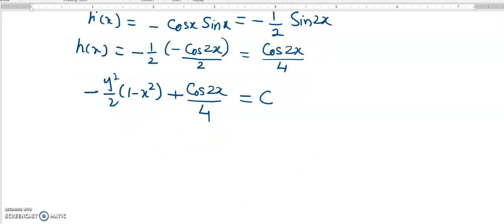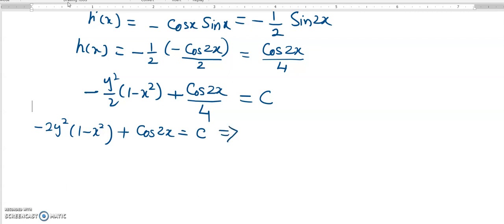We can simplify this equation a little bit. So what we can do is multiply each term by 4. So it will be minus 2y square into 1 minus x square plus cosine of 2x is equal to another constant, because 4 times c will be another constant.